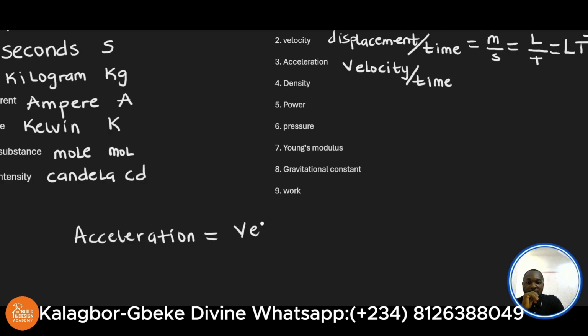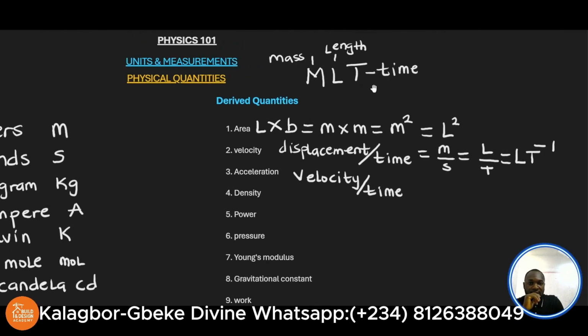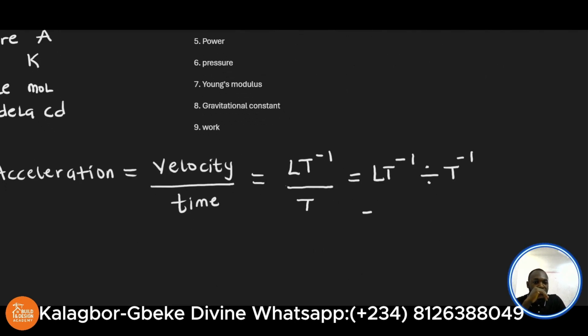Velocity is LT raised to the power minus 1, and time is represented as T. So acceleration is LT raised to the power minus 1, all over T. From our law of indices, this is the same as LT to the power minus 1 divided by T to the power 1.